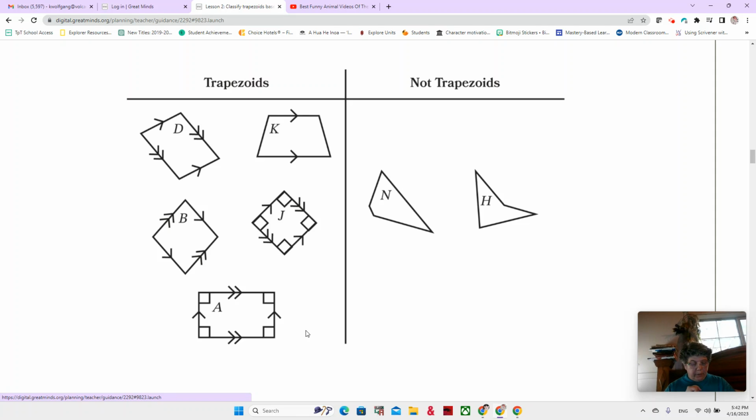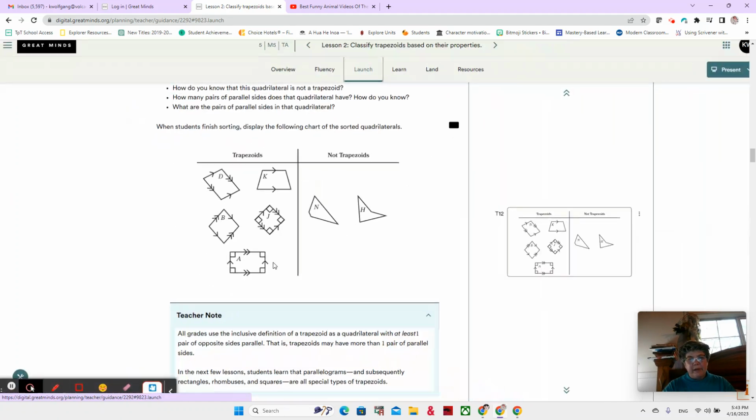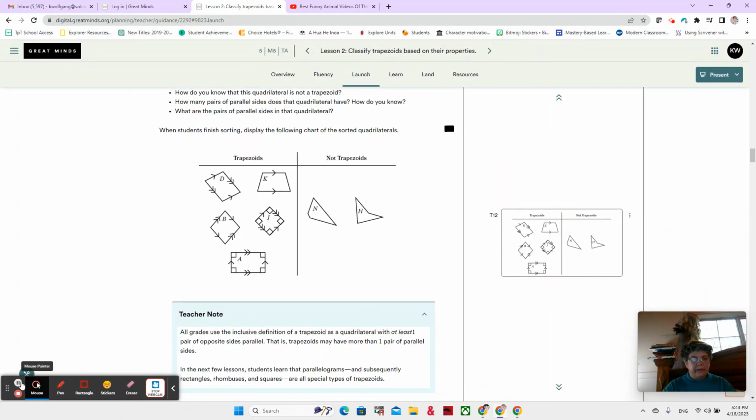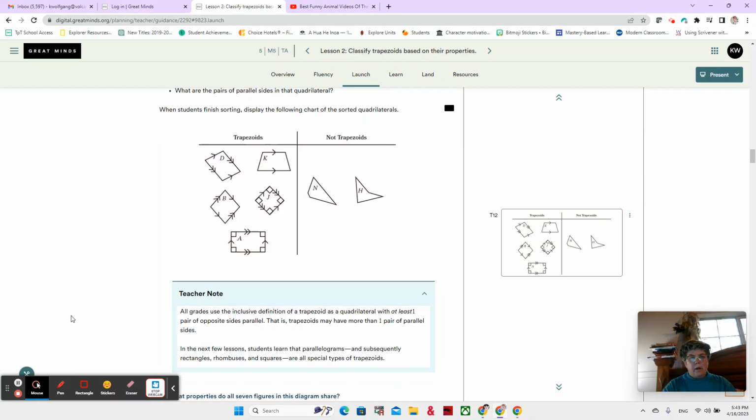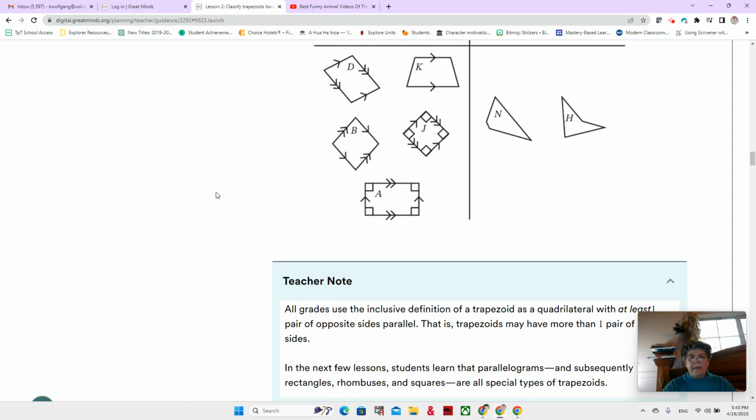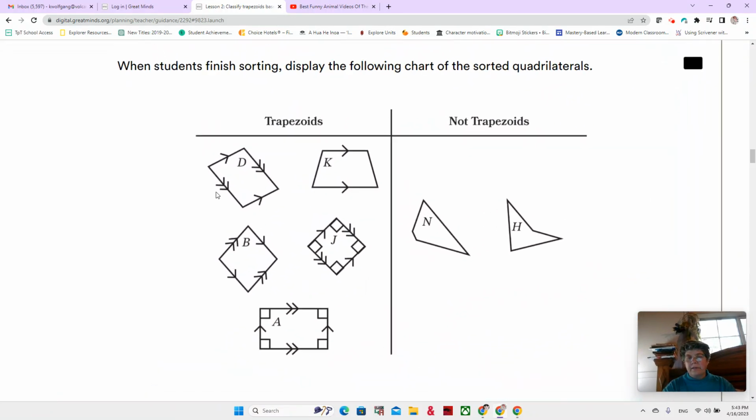Okay, all right, and moving on, did you notice that figure D, B, J, and A also look like parallelograms? Why are they in the trapezoids column if they also look like parallelograms? Okay, so why are they parallelograms as well as trapezoids?